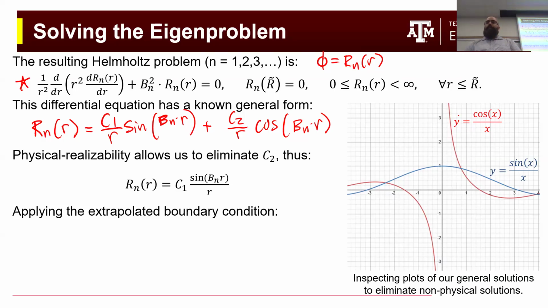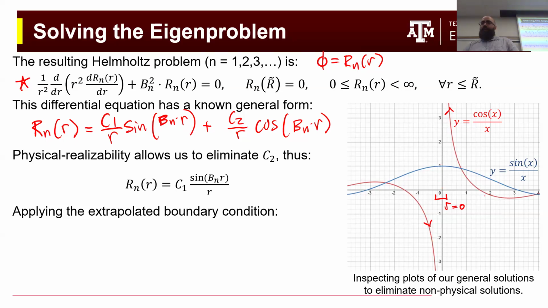So if I look at the cosine function, notice that if this is r equals 0, as r approaches 0 from the right, this cosine function goes to infinity. And also, as this function approaches 0 from the left, it approaches negative infinity. My flux cannot be infinity at r equals 0.